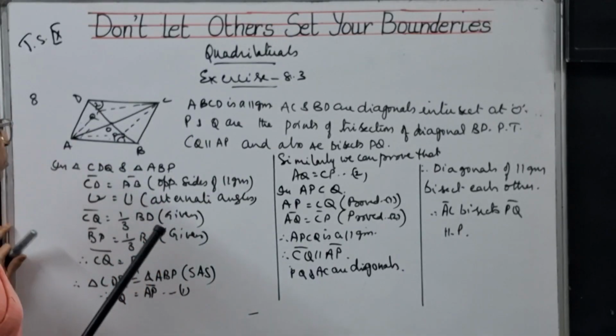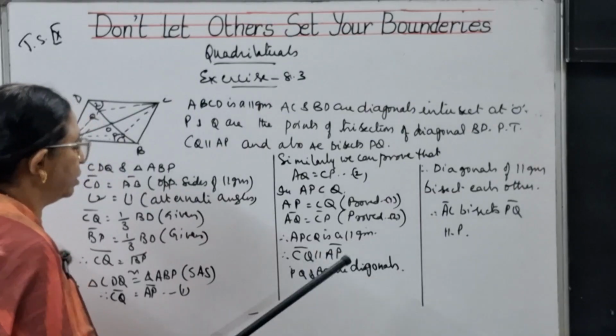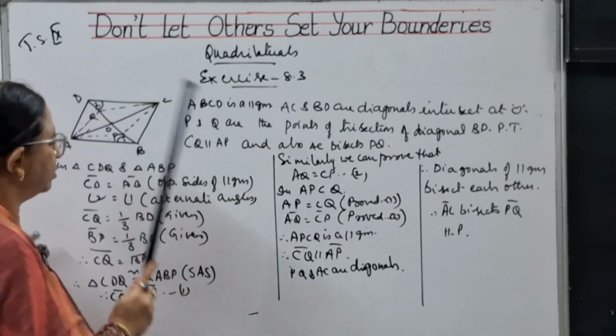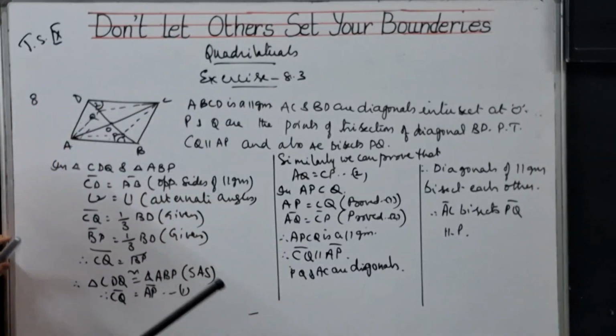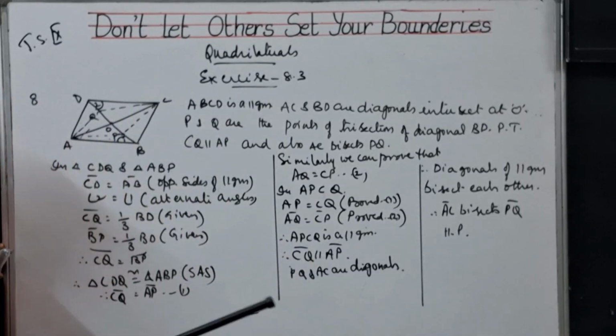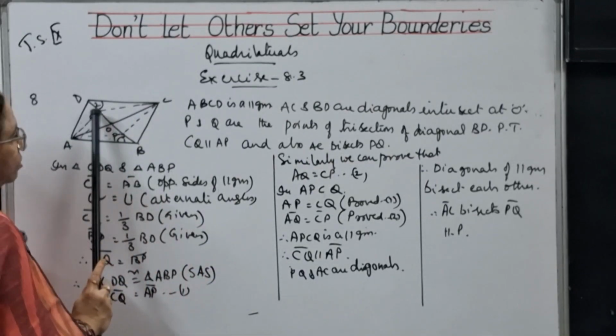That means opposite sides are equal. So APCQ is a parallelogram. If it is a parallelogram, definitely CQ is parallel to AP. That we have proved. And the next thing we need to prove is that AC bisects PQ.